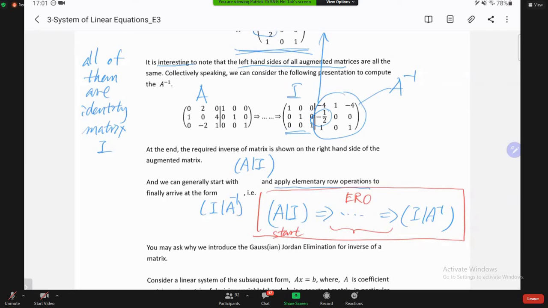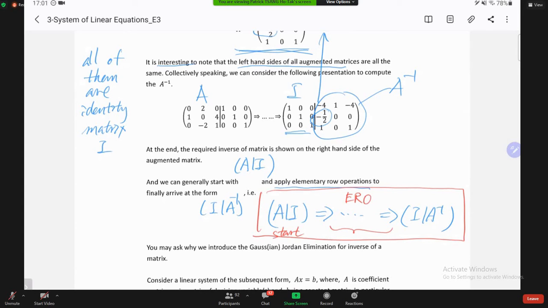You write down the augmented matrix consisting of two parts. On the left-hand side, put down the matrix A, the coefficient matrix. On the right-hand side, simply put down the identity matrix. And then for the whole matrix, you carry out a series of elementary row operations.